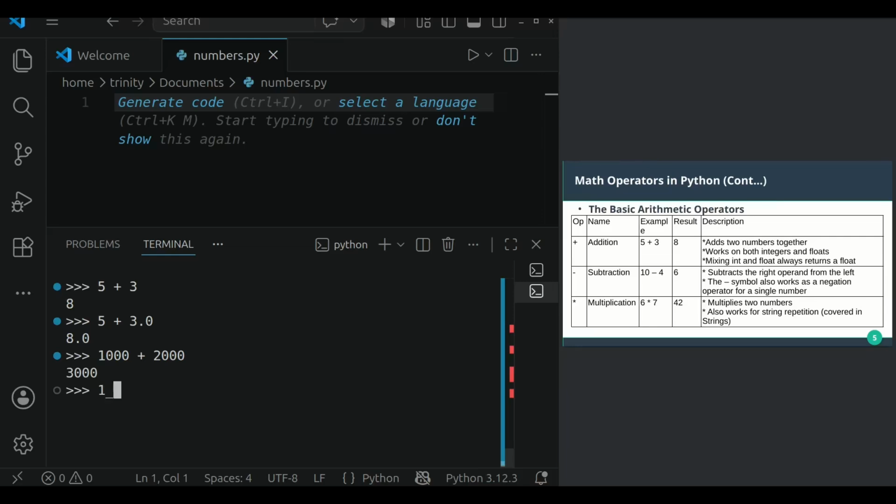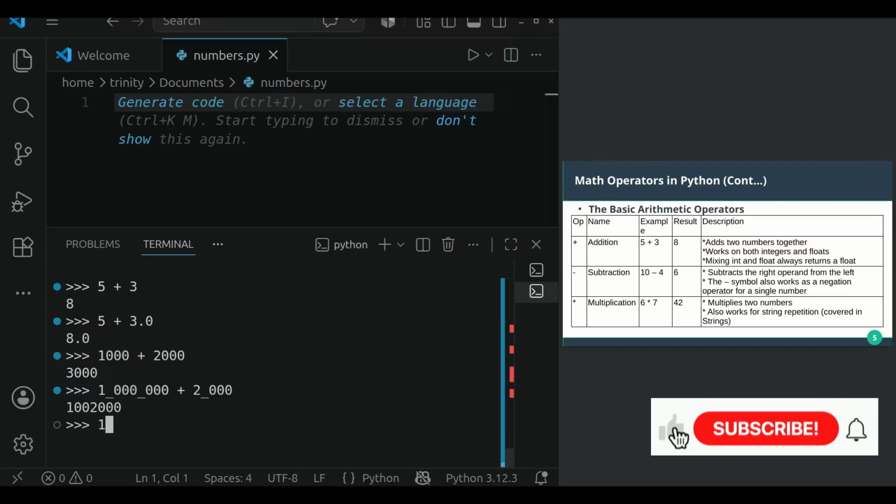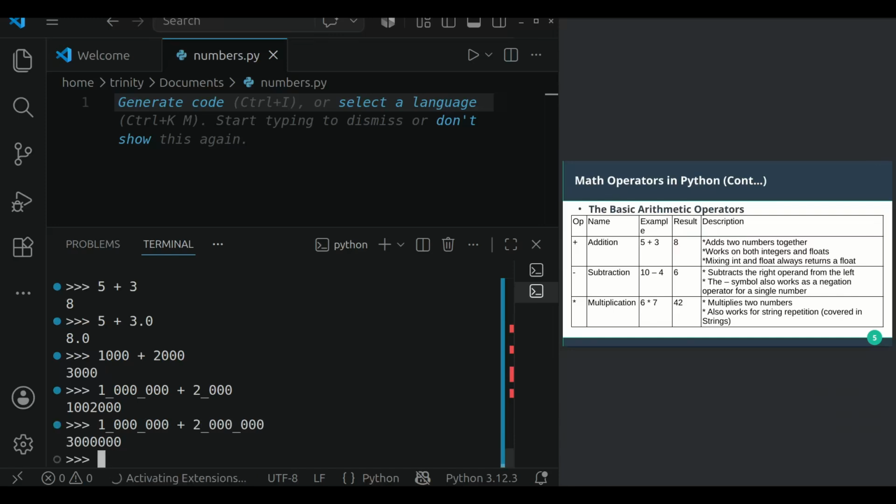You can use the underscore to separate large numbers such as maybe 1 million plus 2000, and that gives you 1,002,000. So you can use the underscore as a handy symbol to separate your figures. I can equally do 1 million plus 2 million. That will give me 3 million. So the underscore can be used just for readability's sake. Now let me clear my terminal.